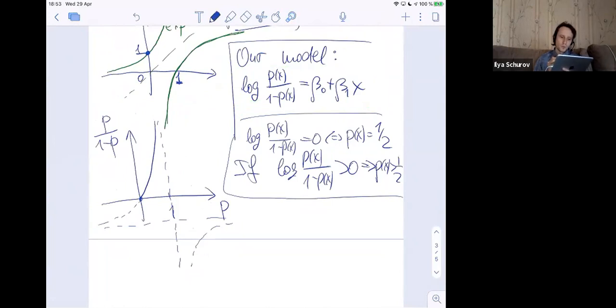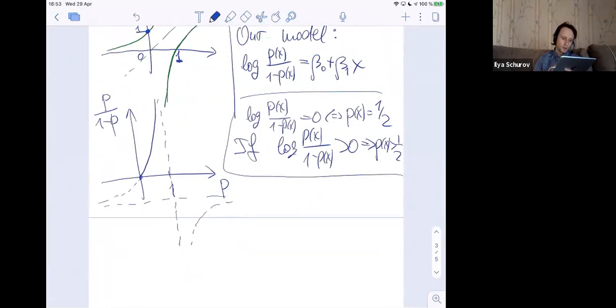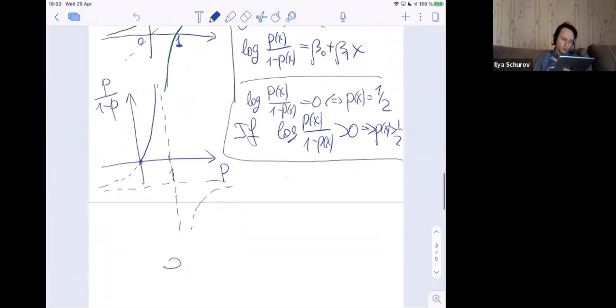So let me find an exponential of both parts of this equality. And this is exponential of logarithm of p of x over 1 minus p of x.